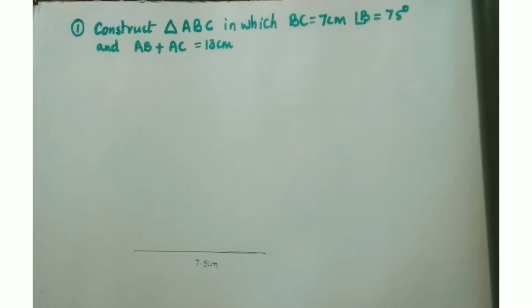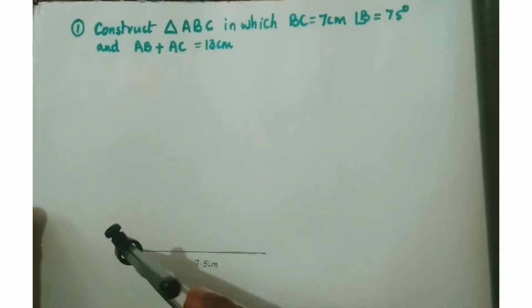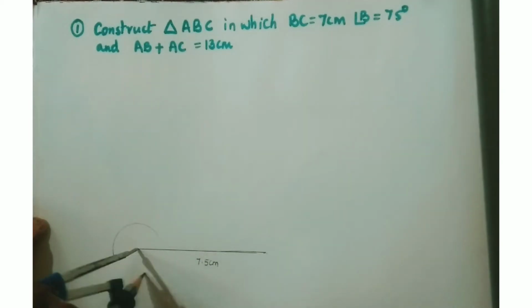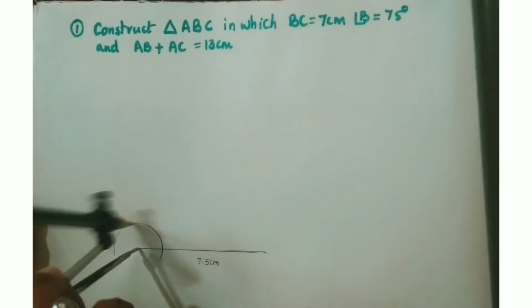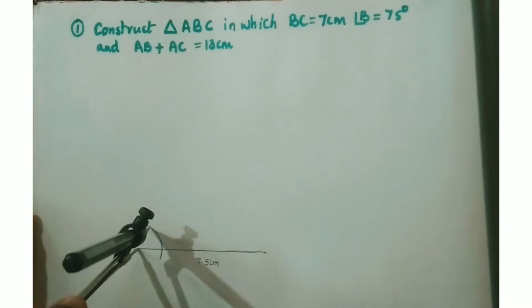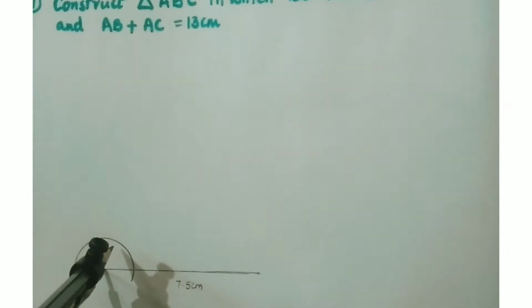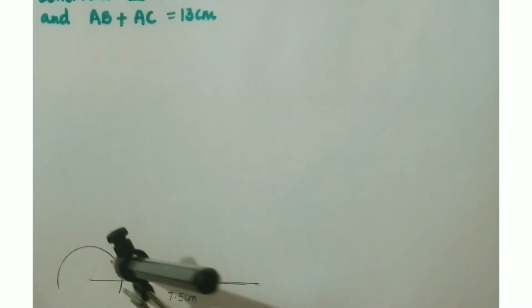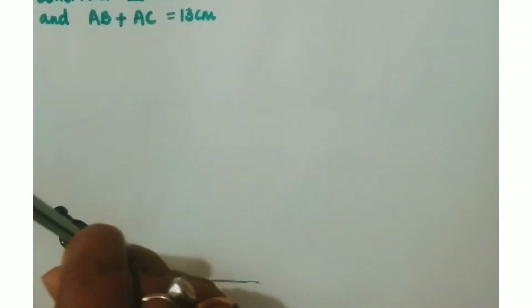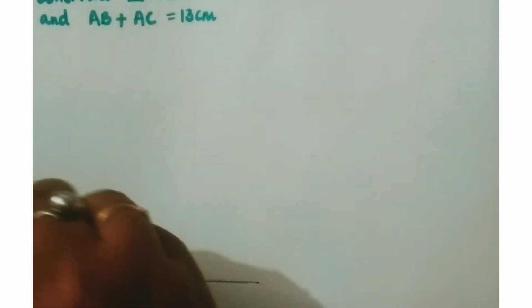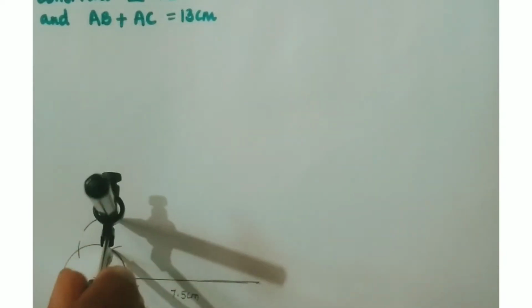Next you need to construct 75 degree. For that, first we will construct 90 degree. So you have to construct the 60 degree arc, the 120 degree arc.